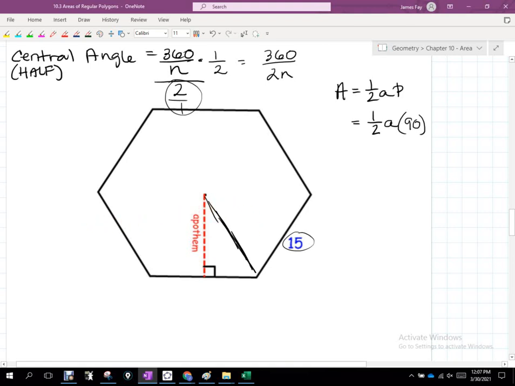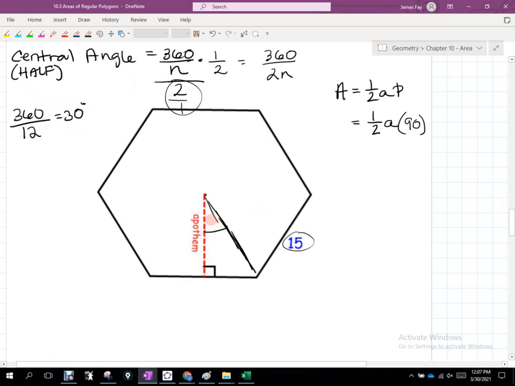And what that's going to allow us to do is either use special right triangles or SOHCAHTOA to find the apothem. So, n here is 6, right? So if I go 360 divided by 2n, which would be 12, what's that give me here? 30 degrees.